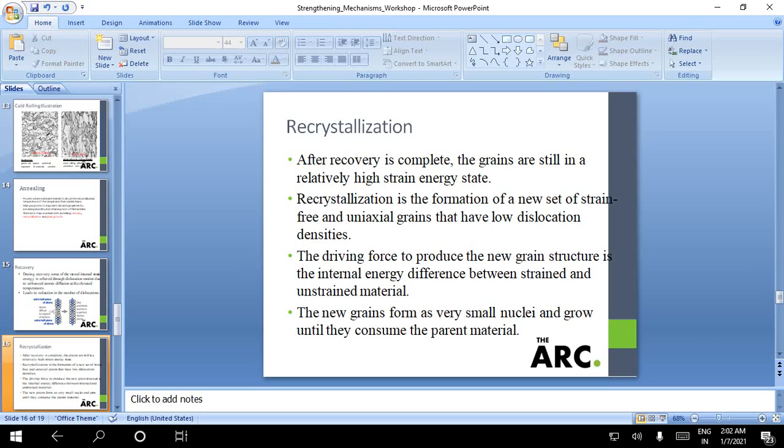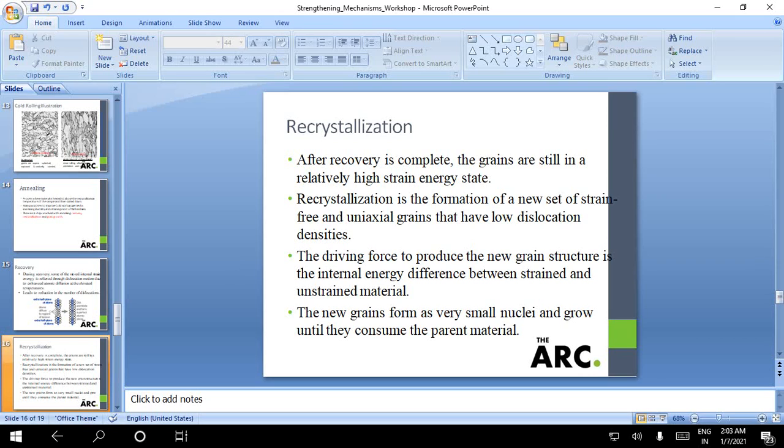That is relieved in the recrystallization process, so that we form a new set of strain free and equiaxed grains having low dislocation densities. The driving force to produce this new strain free structure is the internal energy difference between the strained and unstrained materials. The new grains form as very small nuclei, and they grow until they consume the parent material.